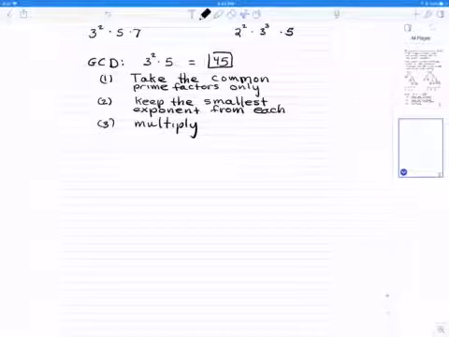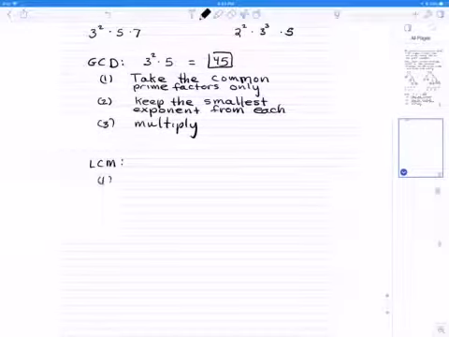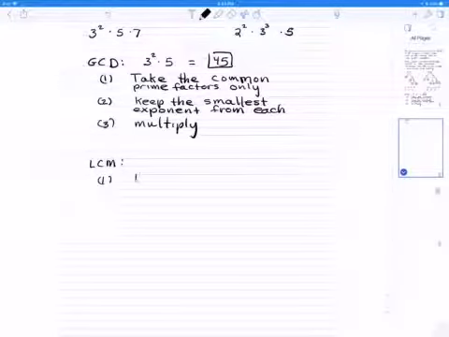Now to find the least common multiple, I'm going to take all the prime factors.